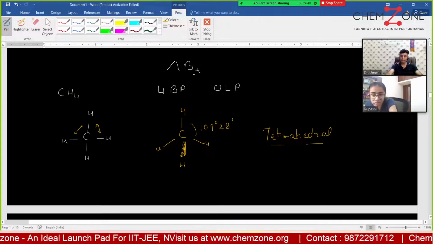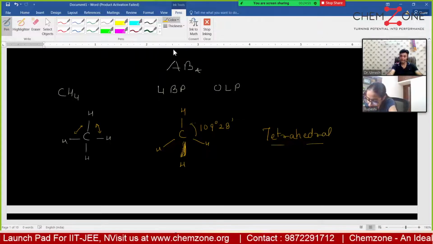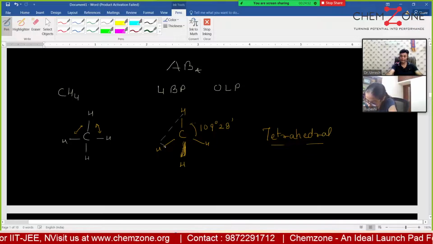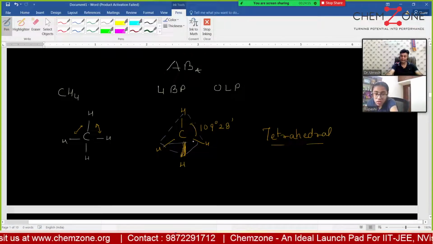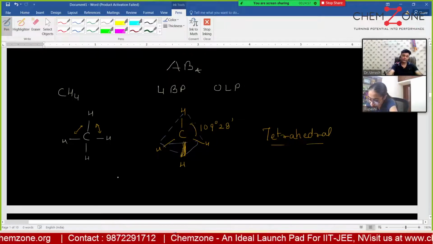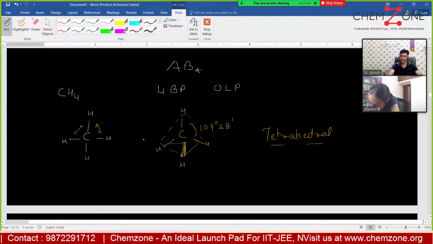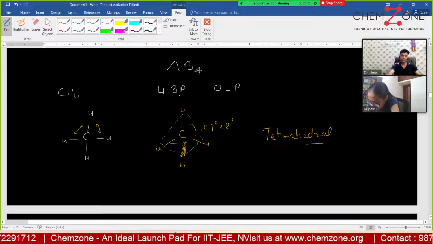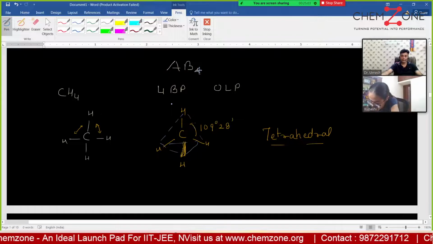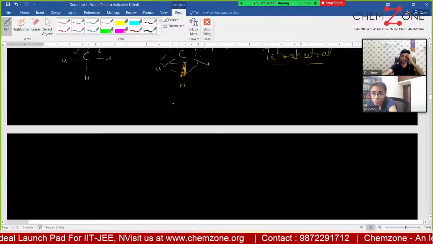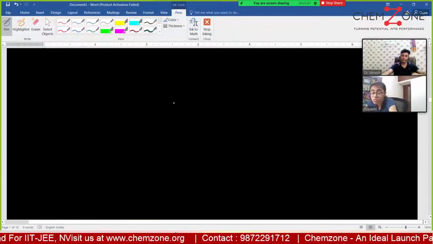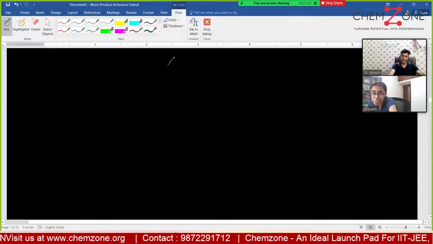It is a four-face geometry. If you connect all these points here, you can see the four faces are there. It is a four-face geometry, tetrahedral AB4. Understood? Now, next.